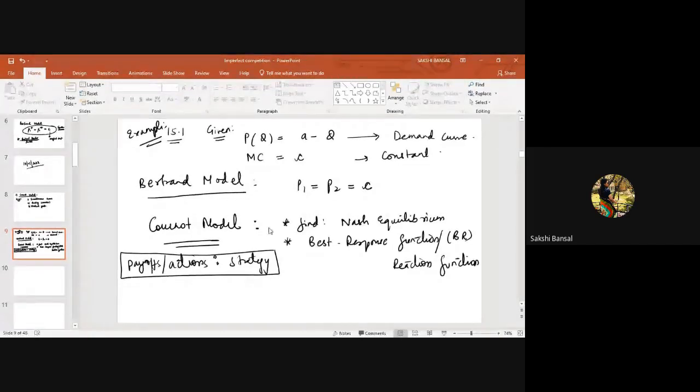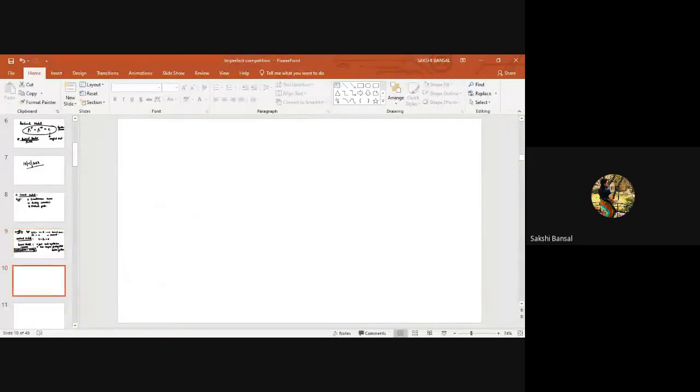Okay, so in the Cournot model, at first I need to find out the best response function. Now how are we able to solve these best response functions? I have these two things. With the help of these two things, can I write like this?